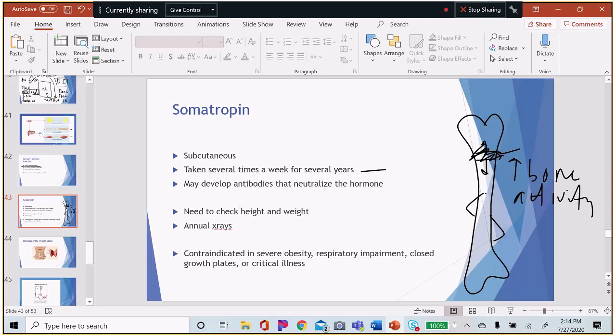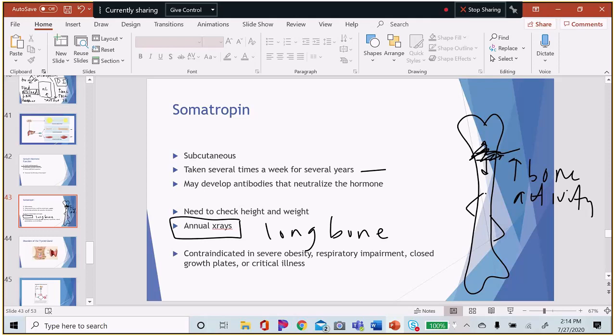If an adolescent is on this medication, they're going to need to follow up with an endocrinologist. So they'll constantly be checking their height and weight and be sure that they are starting to meet growth benchmarks. And then they're going to have annual x-rays of their long bones, specifically their humerus and femur, to see if their growth plates have fused, because once they do, they can no longer get the medication.